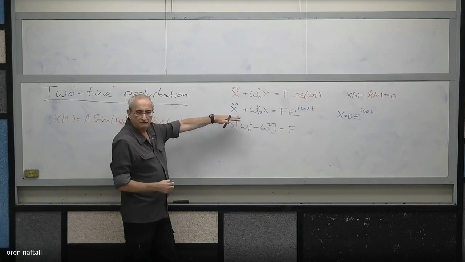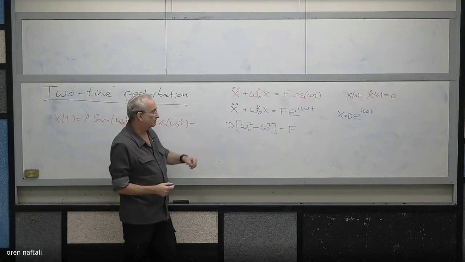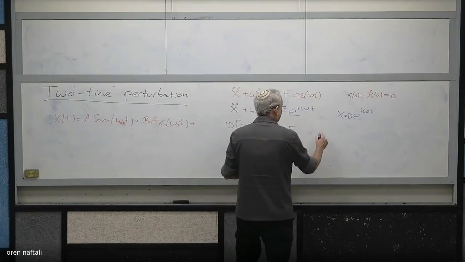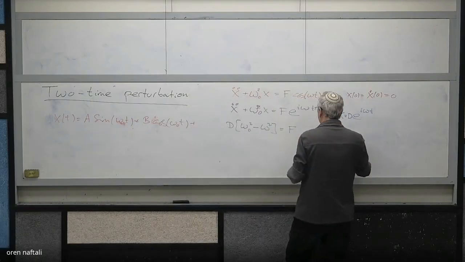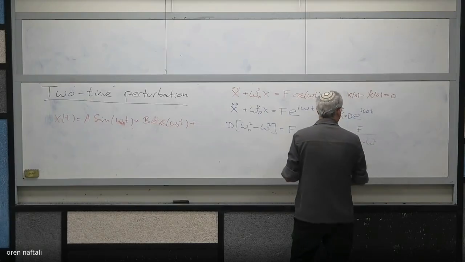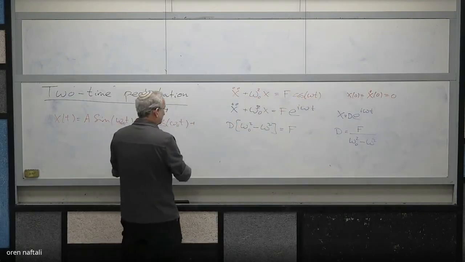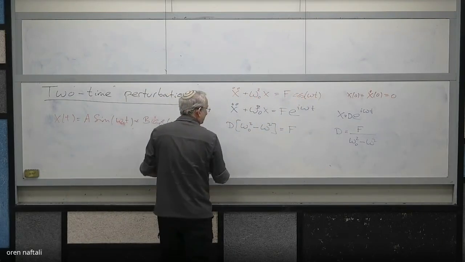You see what I'm doing? That's no problem. Okay? So we know that d is actually f divided by omega naught squared minus omega squared. Okay? So this is the inhomogeneous part. Now we can write it explicitly.